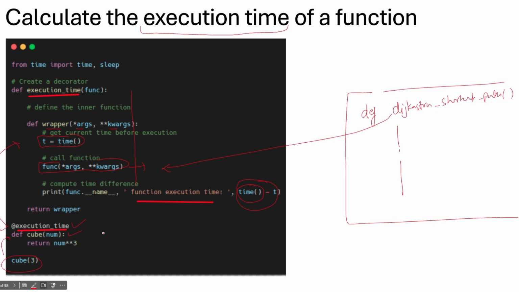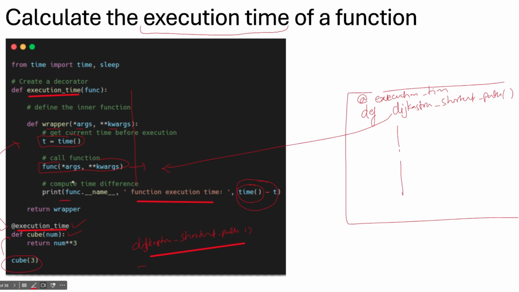So now if you create any function, for example you are writing a Dijkstra function, you just need to write @execution_time, right? Now whenever you call this Dijkstra shortest path function, it will calculate its time, and at the end it will print this function's execution time.